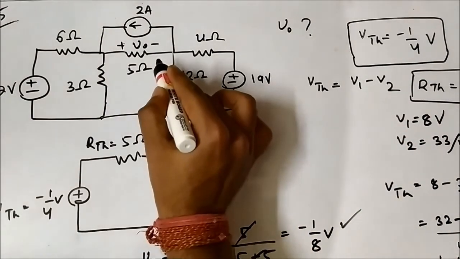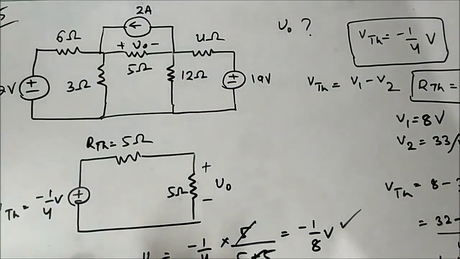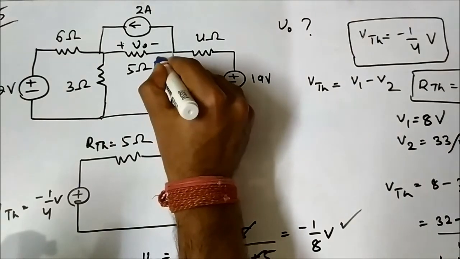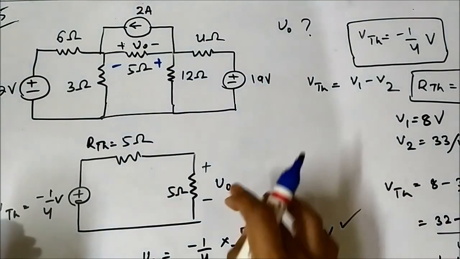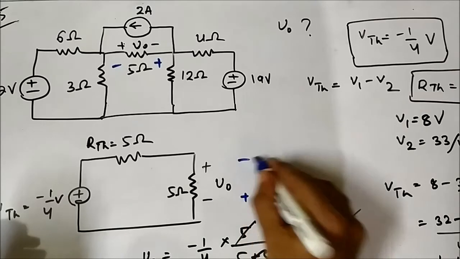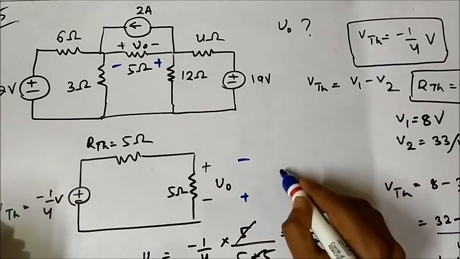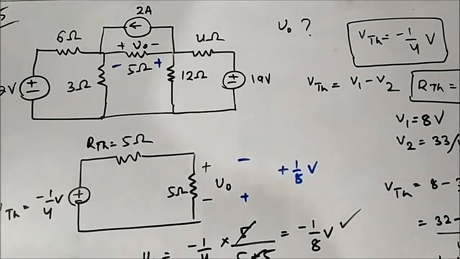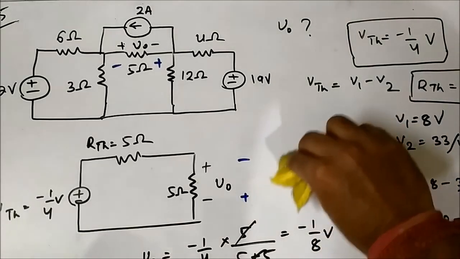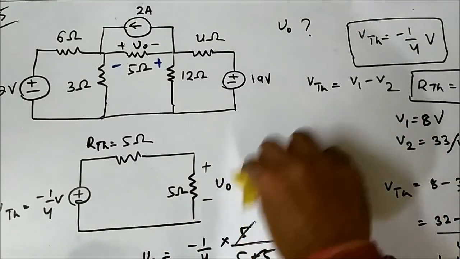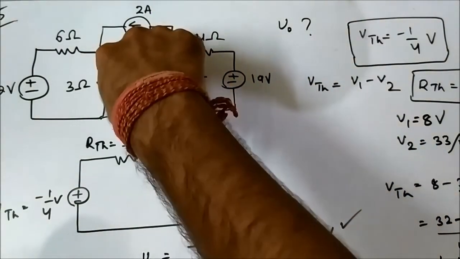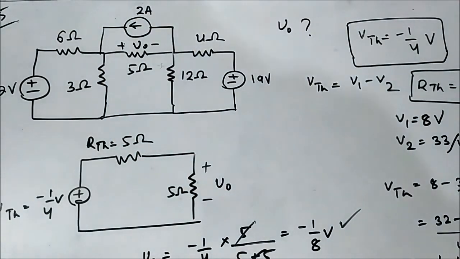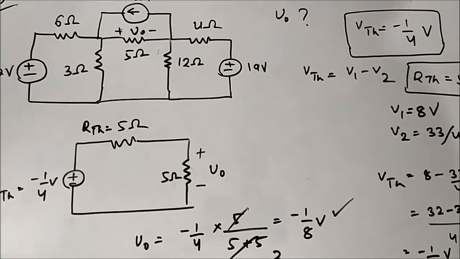But if the polarity would have been assigned the other way, plus minus like this, then the answer would have been plus 1 by 8 volt, opposite. So the answer is correct. It's just as per the polarity which is assigned, the plus and minus sign come into play. So here, as per the polarity given in the question, the answer is minus 1 by 8 volt.